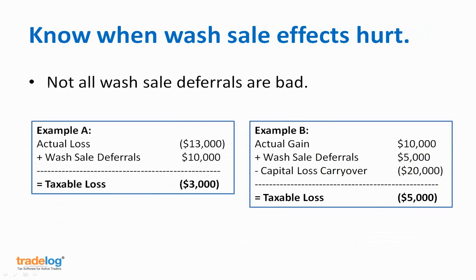You could only claim a total loss of $3,000, so the capital loss carryover is $20,000. In that case, it doesn't matter if you have those wash sale deferrals, because you're still going to have those losses you can take from the previous year.